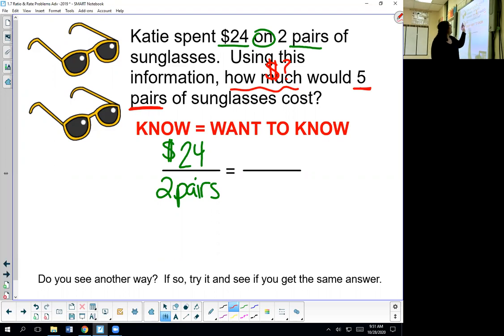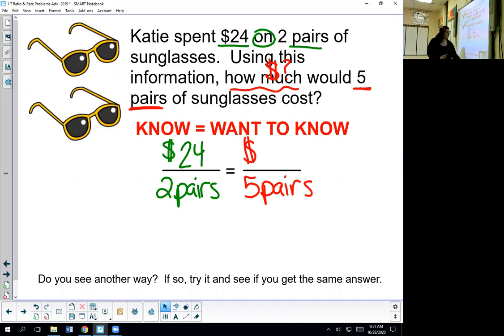This says 5 pairs, so you have to match the words with your words for 5 pairs. I want to know what I'm paying for 5 pairs. That's literally what the question is asking you. So again, this is why I stressed at the beginning, write your units. Match your units across from each other so they match up, okay?